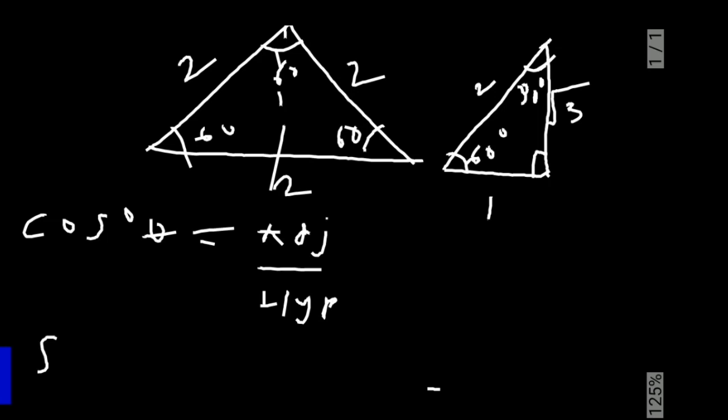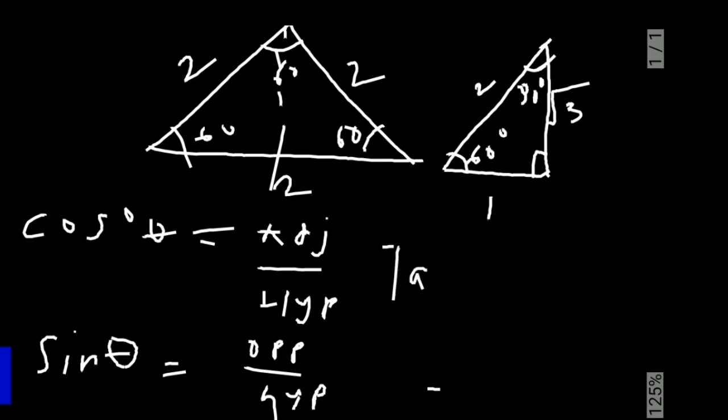Sin theta is equal to the opposite side over the hypotenuse side, and tan theta is equal to opposite side over adjacent side.